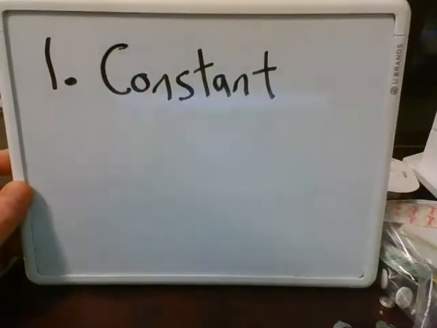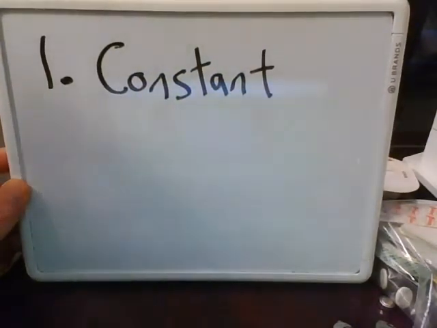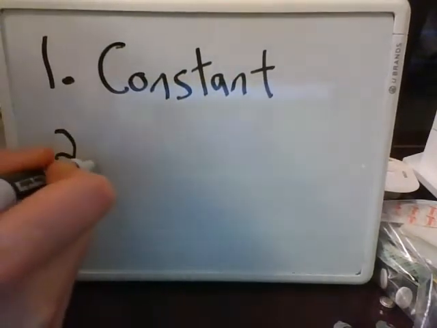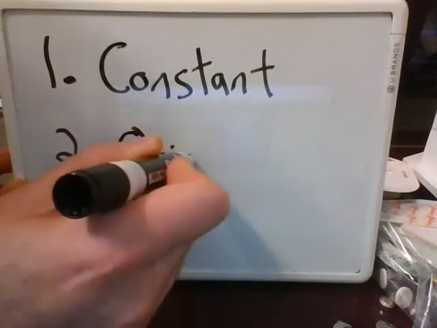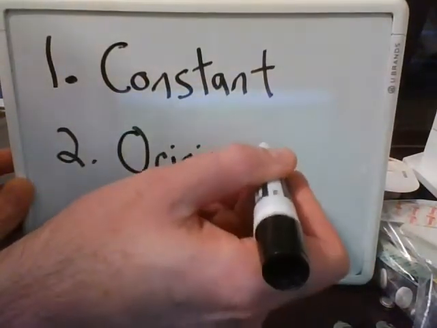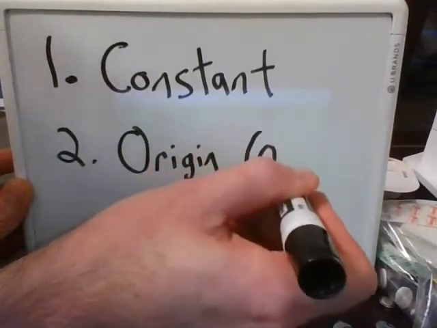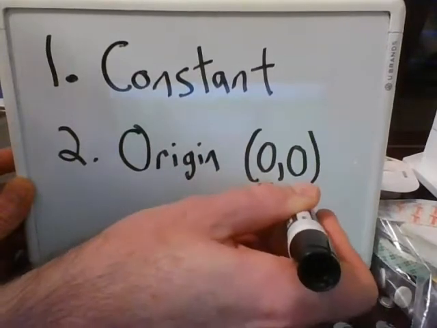Or on a graph, all the dots have to line up to make a straight line. Second, it has to go through the origin. That means it goes to the origin on the graph or table or graph. The x is 0 and the y is 0.